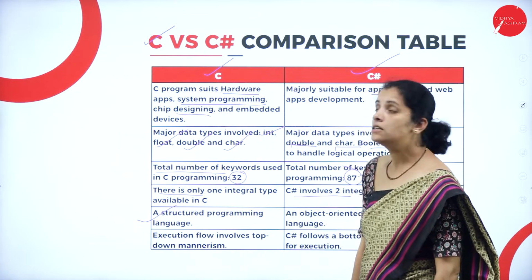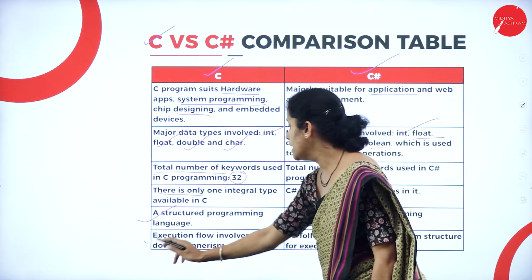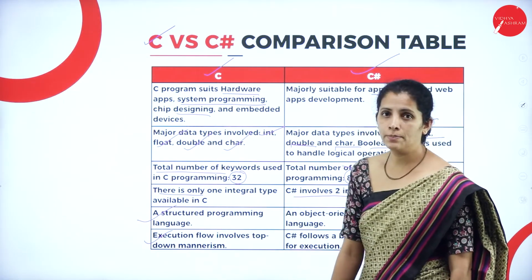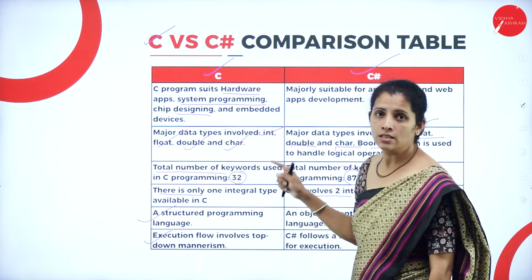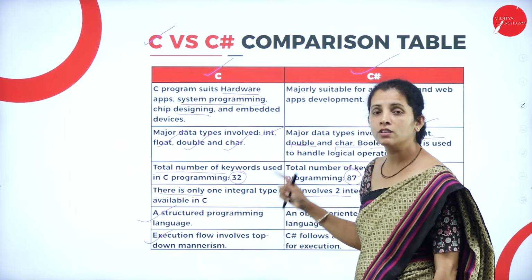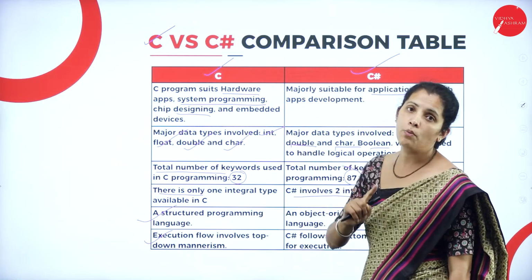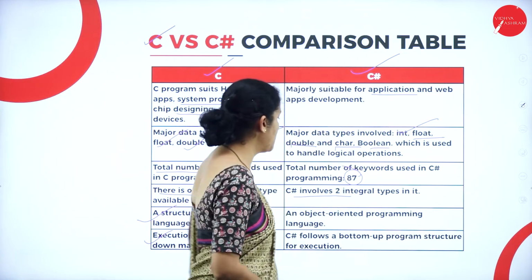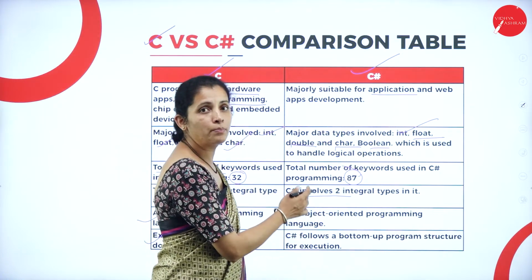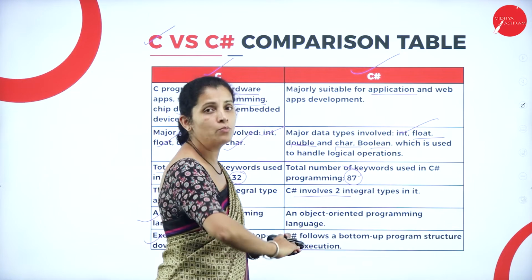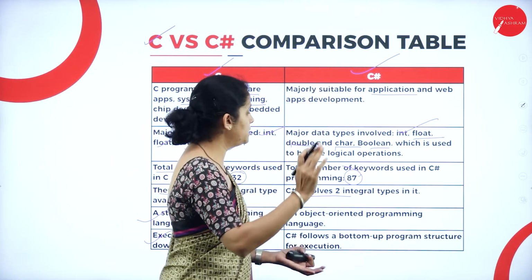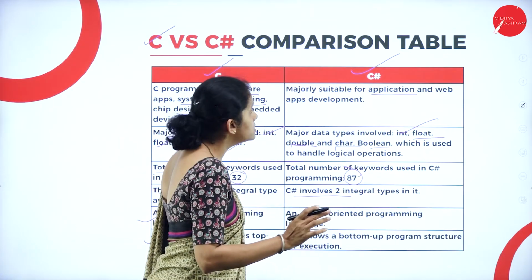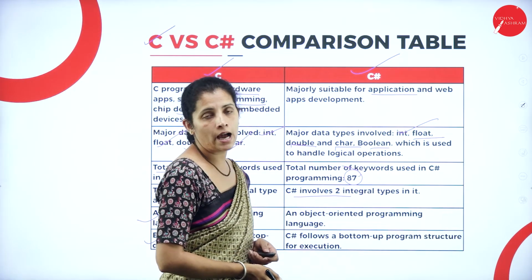In the C program, the execution flow is top down. That means the execution of a C program goes from top to bottom. But in C# programming, the execution of the program starts from bottom to up. That means it is completely reverse. So these are certain differences between C and C#.